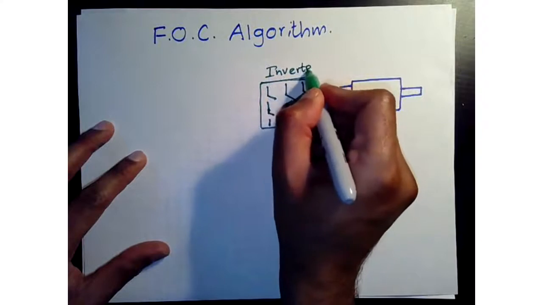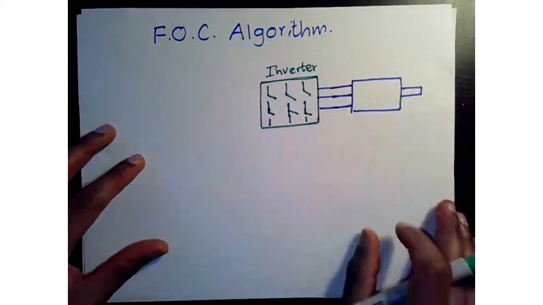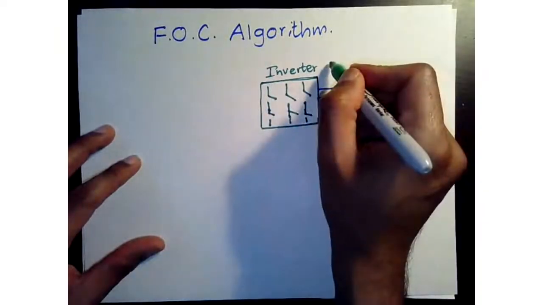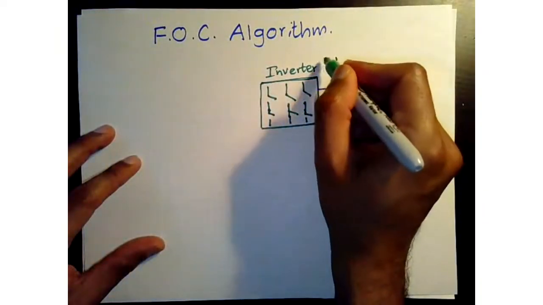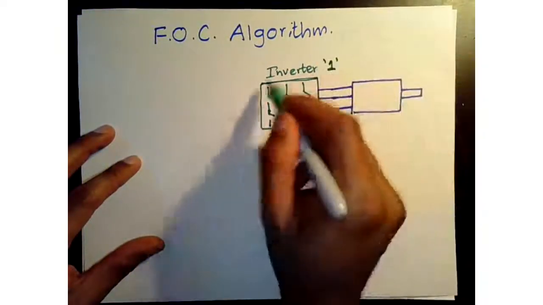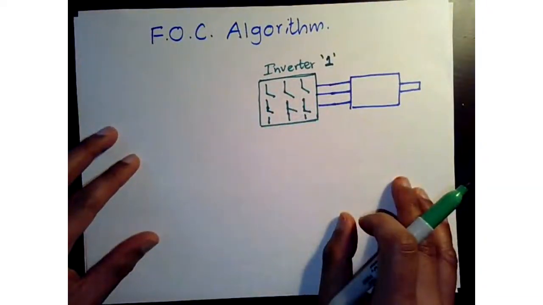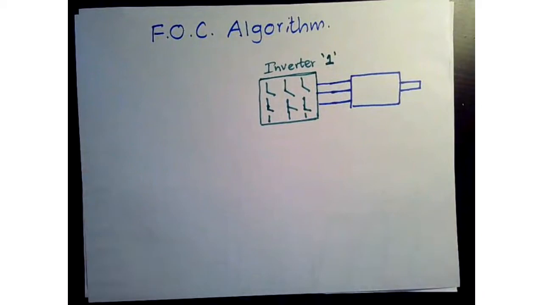Now, if you are modeling an inverter in simulation, the transfer function of an inverter is typically 1. In a healthy state, you assume a gain of 1. So you can assume there's just a gain of 1 there.